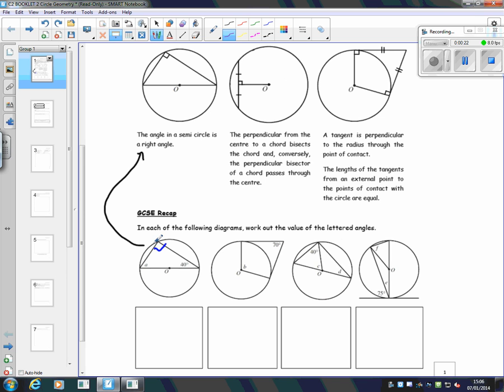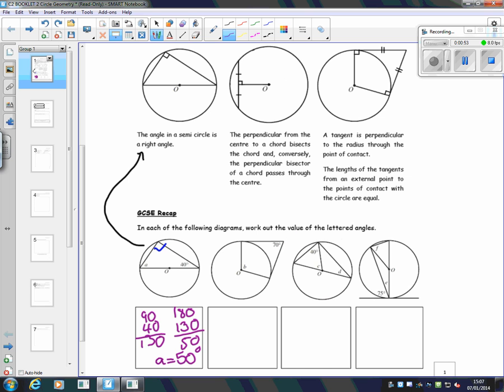From that, and the fact that angles in a triangle add up to 180 degrees, we can do 90 for the right angle plus 40, which will give us 130 degrees, and then subtract that from 180 degrees, the total number of angles in a triangle, which will give us 50 degrees, which is our A. So A is equal to 50 degrees.